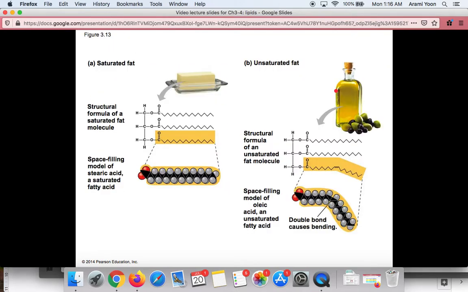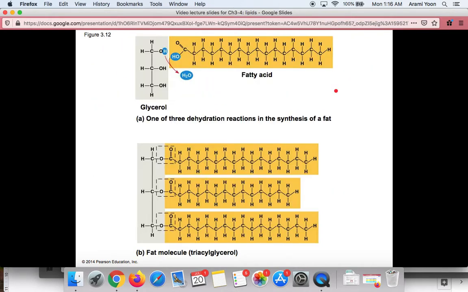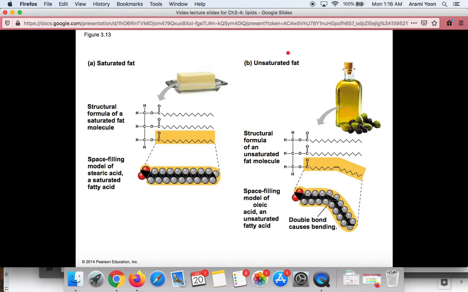And the reason why fat has so much energy is, once again, those hydrocarbons right there. There's so many bonds that can be used to release energy, because as these bonds break and form new bonds and make new substances, they'll release lots and lots of energy for the animal to use.